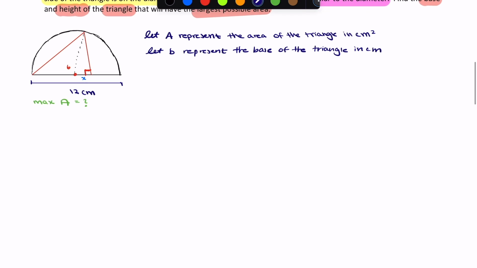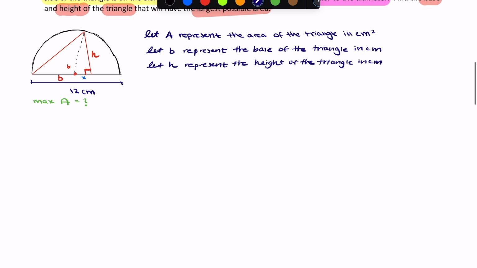We'll let H represent the height of the triangle, that's in centimeters as well. And so we'll label those, the base of the triangle and then also the height.